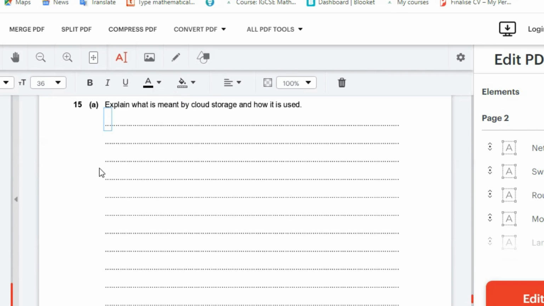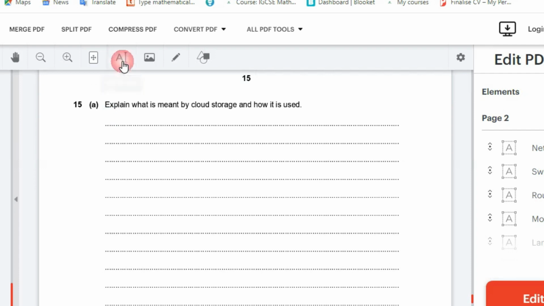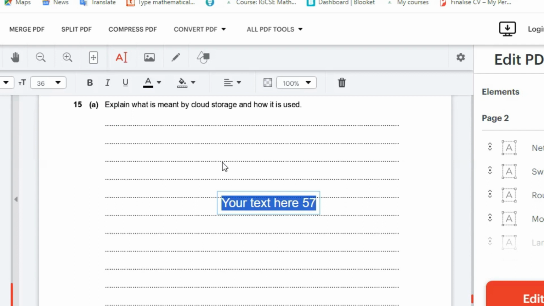So the question asks us to explain what is meant by cloud storage and how it is used. Cloud storage involves storing data in a remote physical location.